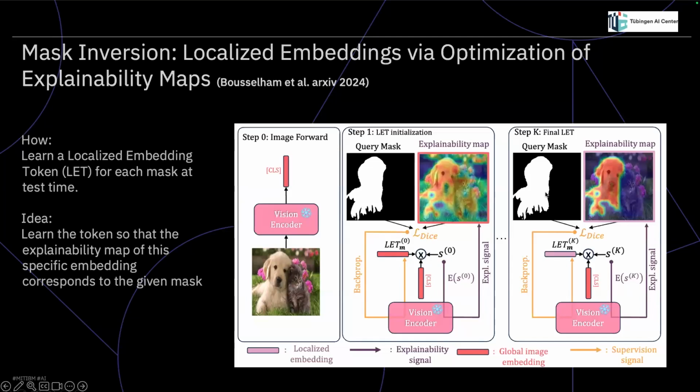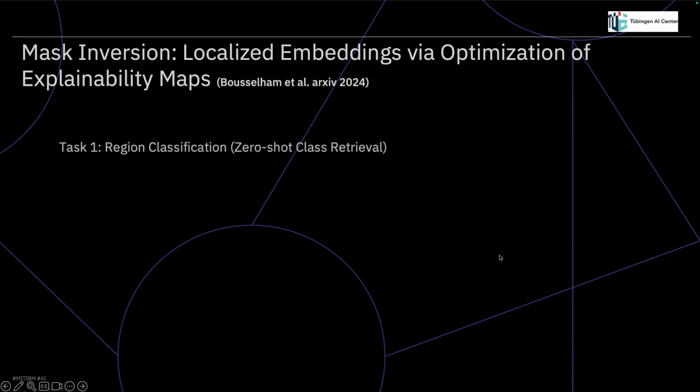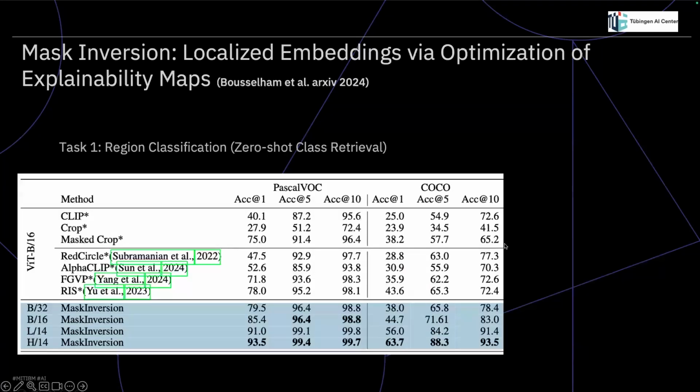The closer we get those explainability maps to match the query, the better this token represents this region. So training-wise, it's very simple, very straightforward. The interesting thing is what you can actually do with that.